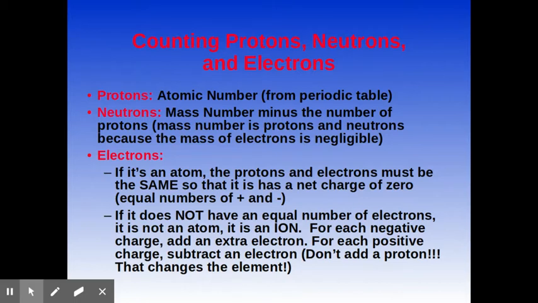So ions have either gained or lost electrons. If they have lost electrons, then they're going to be positive cations. If they gain electrons, they're going to be negative anions because the charge of an electron is negative. So if you have extra negative electrons, you have an overall negative charge.